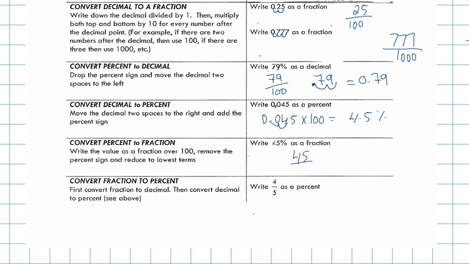If I want it in decimal, what do you do? Move the decimal point 2 spaces to the left. That's right. So you get 0.45. Right? So we're doing the same thing backward, right? Percentage, fraction, decimal means the same thing, written in different ways.